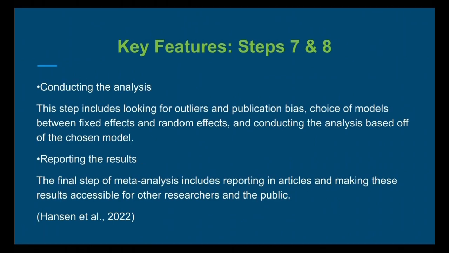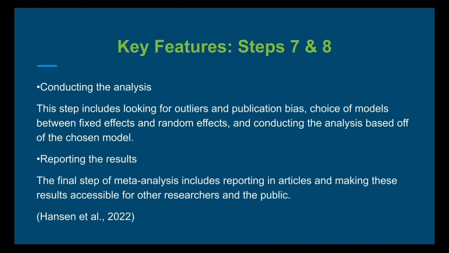The last 2 steps of meta-analysis are conducting the analysis itself and reporting the results. So conducting the analysis sounds self-explanatory, but researchers do need to look into outliers, which could skew the results, or publication biases that could negatively impact the validity of findings. They also need to choose between fixed effects and random effects models for the analysis, and of course, they need to conduct the analysis, look at the results, and see what those results show.